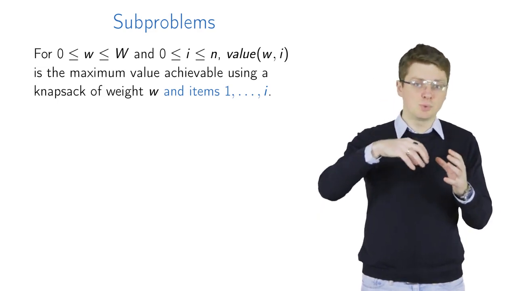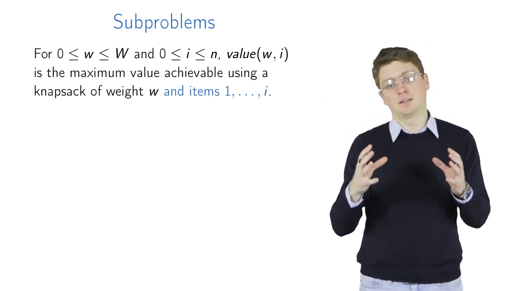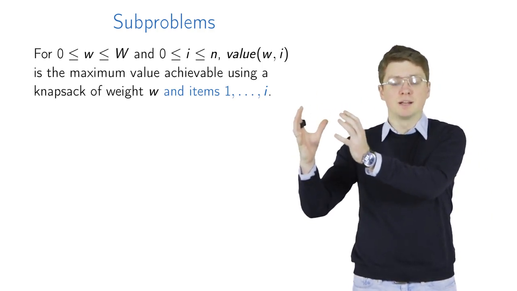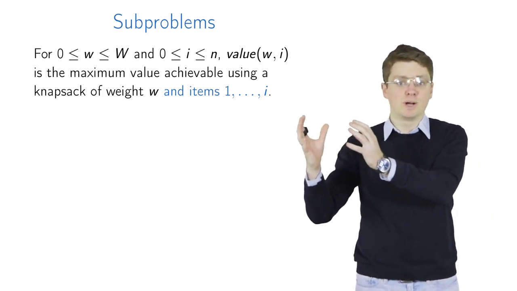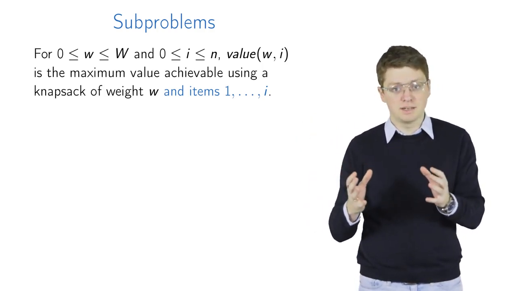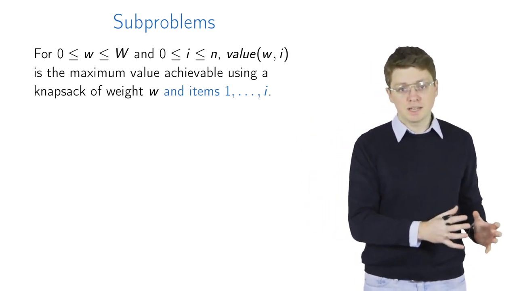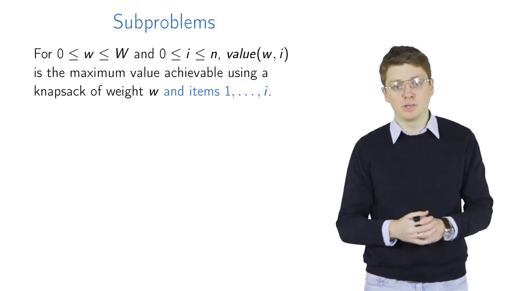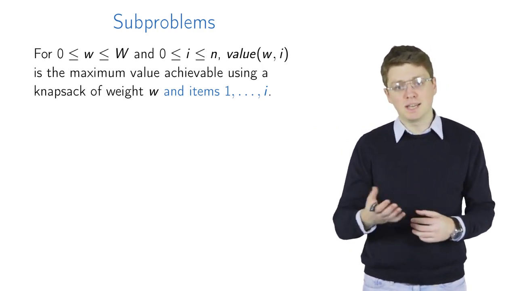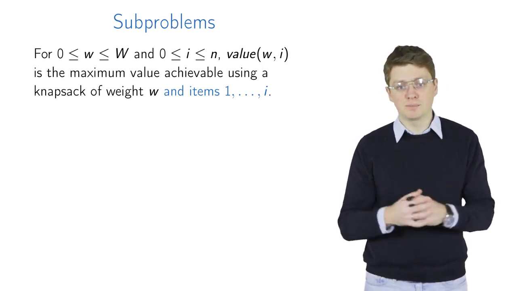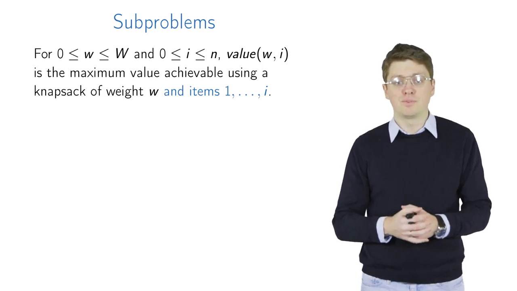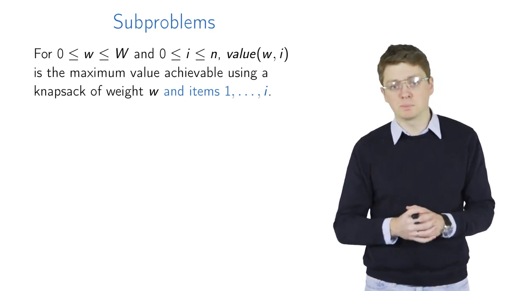If it contains it, we can take it out and reduce the problem to a smaller knapsack using only items from 1 to n minus 1. On the other hand, if it doesn't contain the nth item, then we reduce it to another case where the knapsack only uses items from 1 to n minus 1. In any case, we reduce the number of items, and in the first case, we also reduce the total weight of the knapsack.